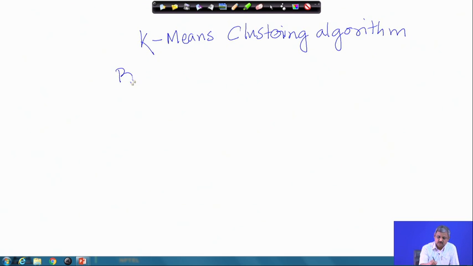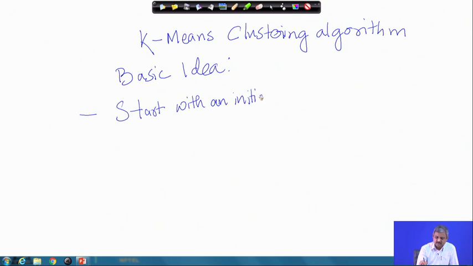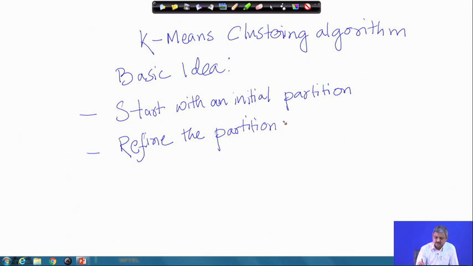So, the basic idea is: start with an initial partition, then refine the partition over iterations. So, this is also an iterative algorithm, whereas the hierarchical ones are single shot.